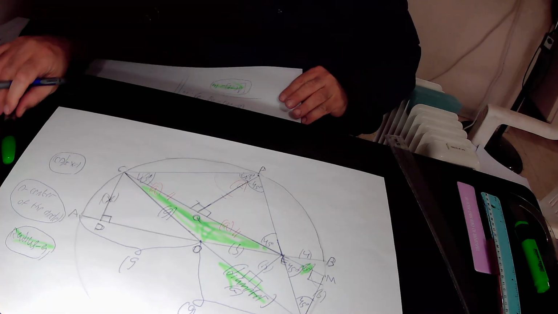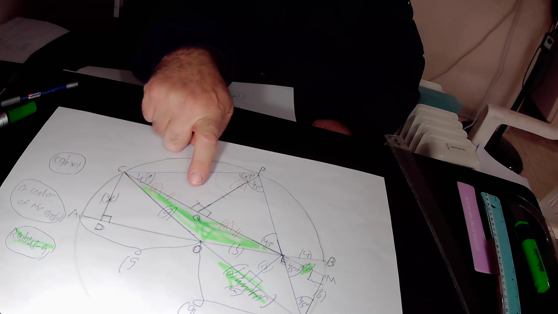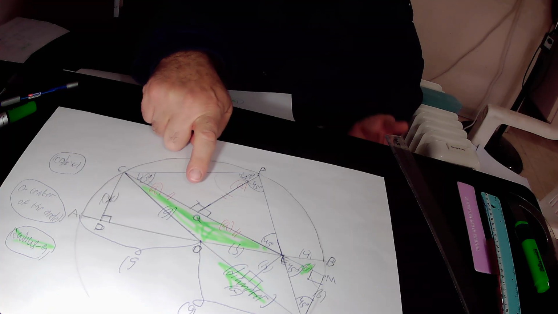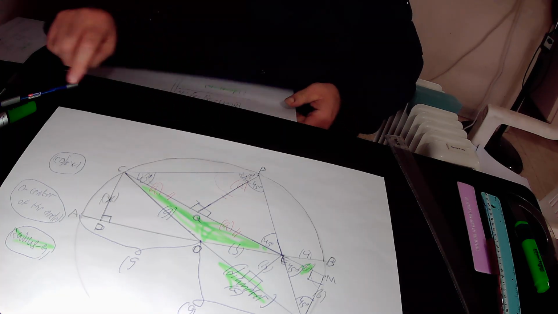In the next step, we will calculate the area of this green triangle COE according to the rule that says the area of any triangle equals the base of the triangle times the height to the base over 2.